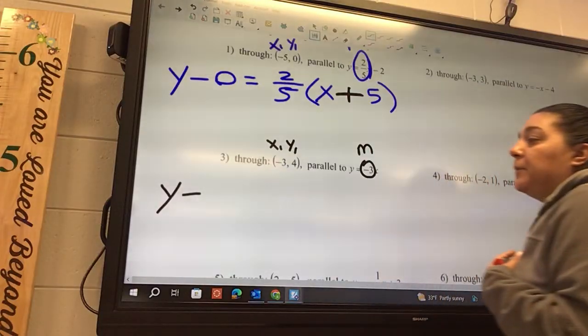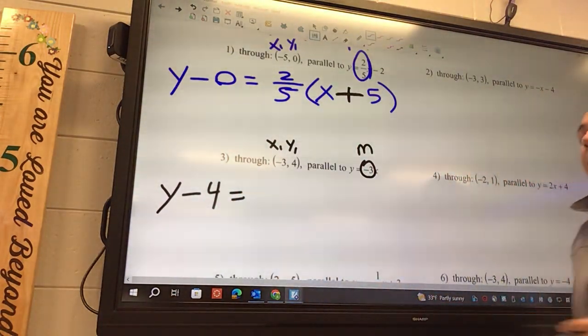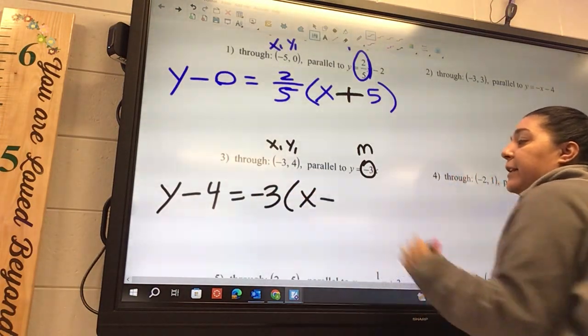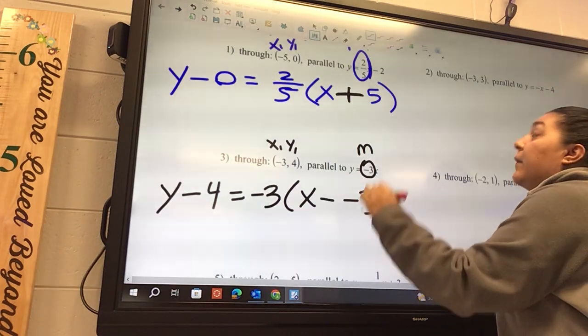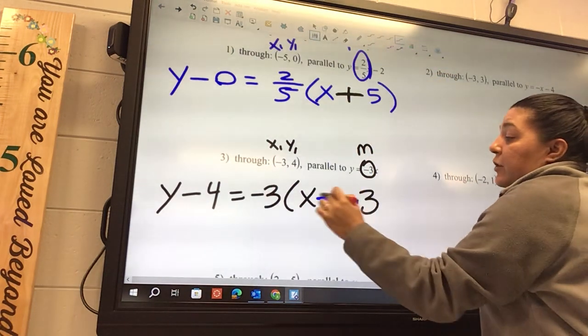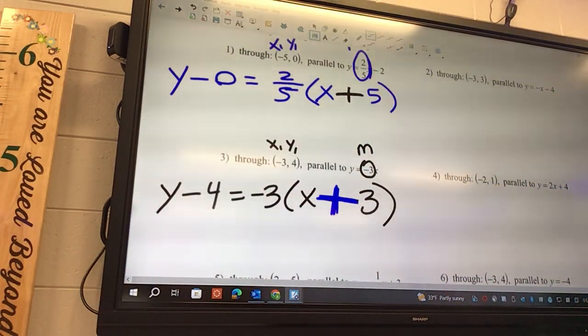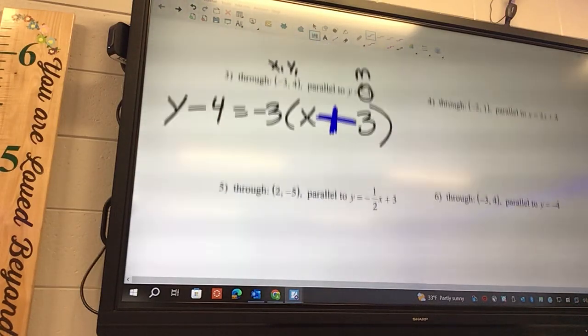What is my y1? 4 equals, what's my m? -3. x minus, what is my x1? -3. And again, I'm going to change that minus into a plus. So it's basically what we were doing yesterday. It's just parallel and perpendicular lines.